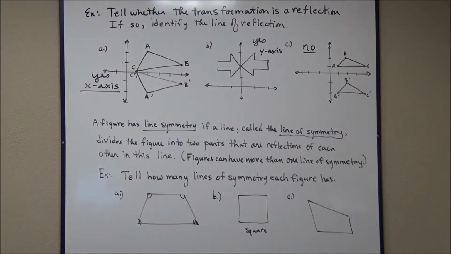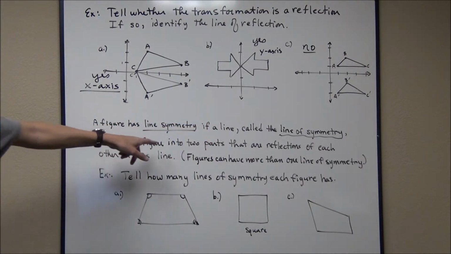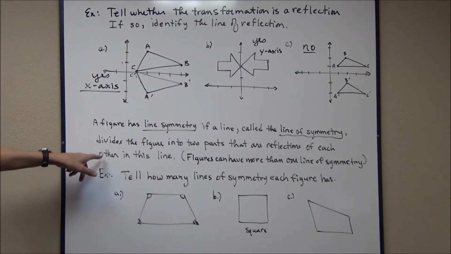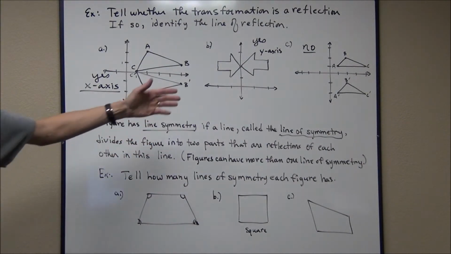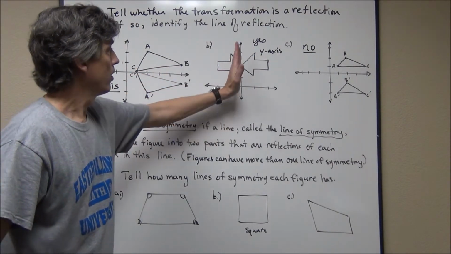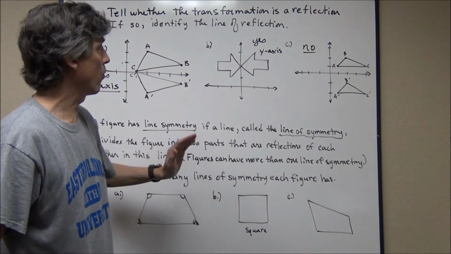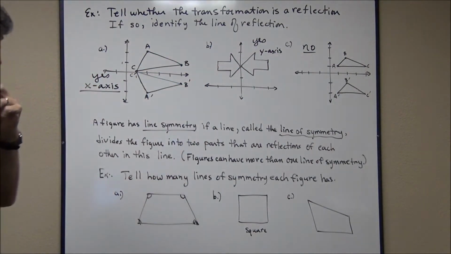Now, a figure has line symmetry if a line, called a line of symmetry, divides the figure into 2 parts that are reflections of each other in the line. Okay, so we have symmetry here. This whole entire figure has symmetry, with this being the line of symmetry, the y-axis, the entire figure, not just one part or the other, but both parts combined.